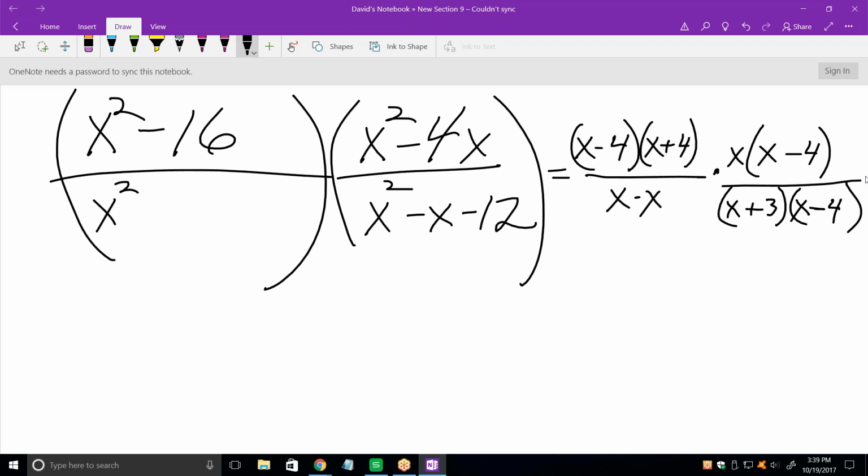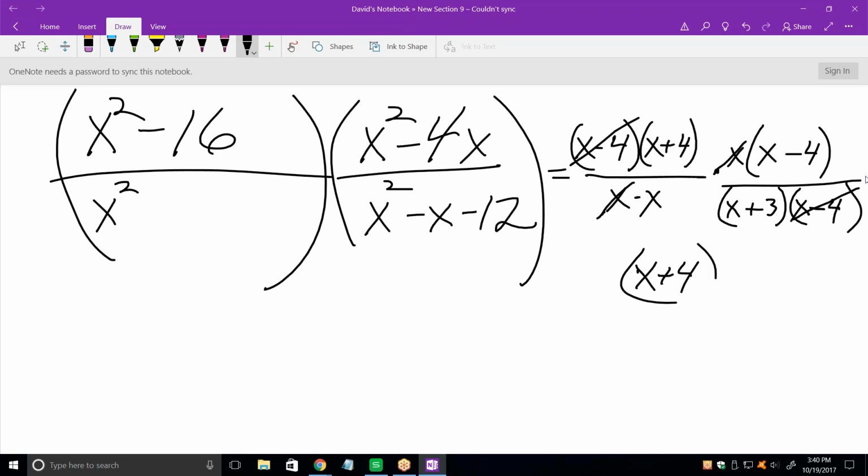Now that I've factored all four ends, both tops and both bottoms, I can start going crazy with canceling. I can cancel that with that. I can cancel that x with that x. And I guess that's it. My answer is whatever's left over.